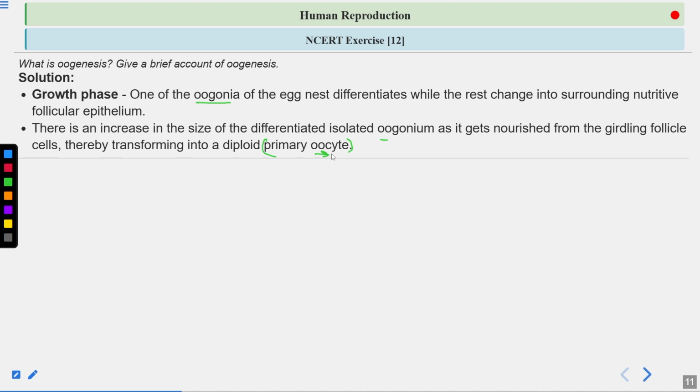Only one of these oogonia transforms into the primary oocyte, and the primary oocyte is also diploid, means it also has 46 chromosomes.